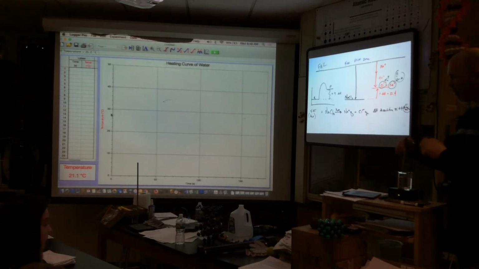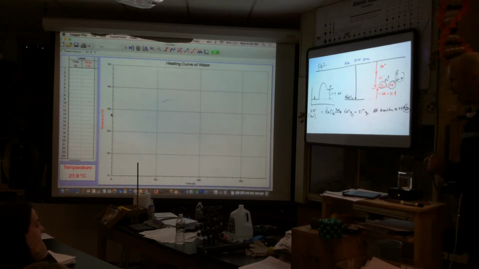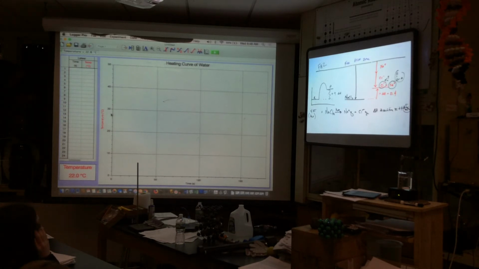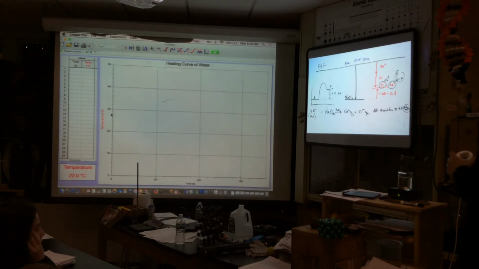All right, now, so I got water at about 22. And I'm going to drop sodium chloride in. Imagine that. Woo, what a demo. But sodium chloride, table salt, being NaCl, is going to have a positive heat of dissolution.